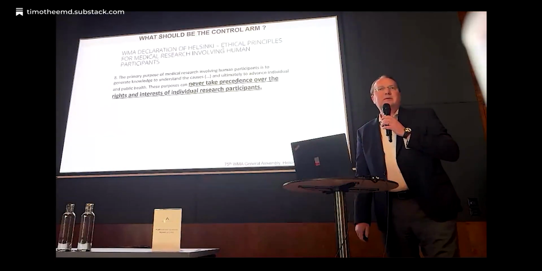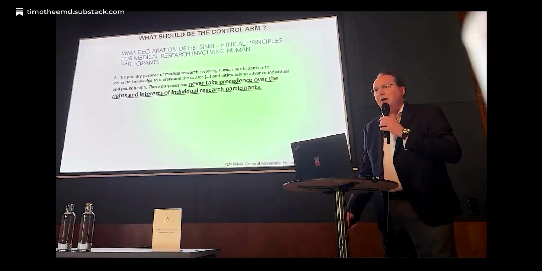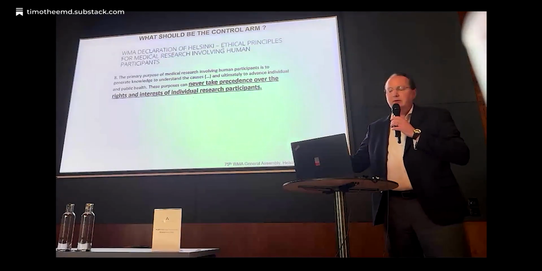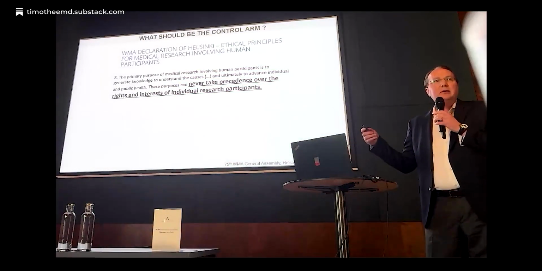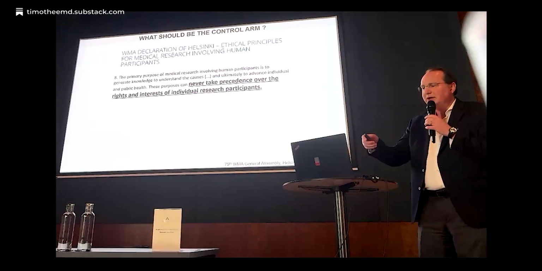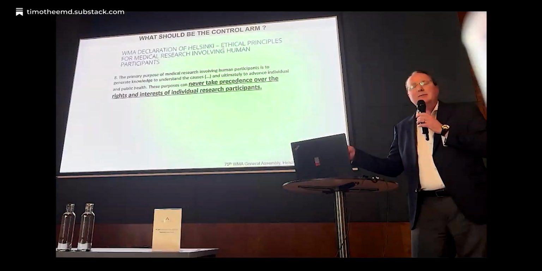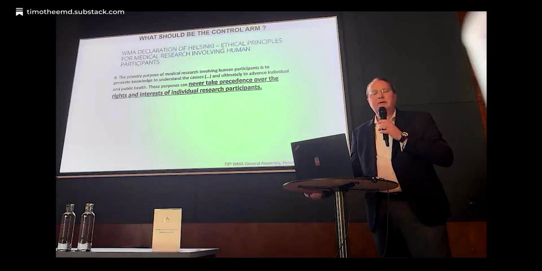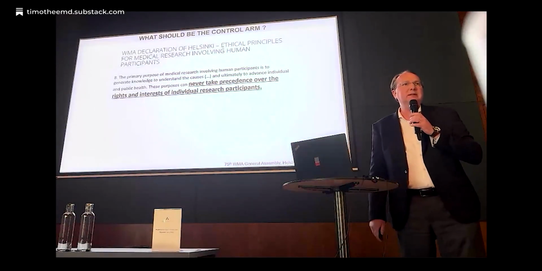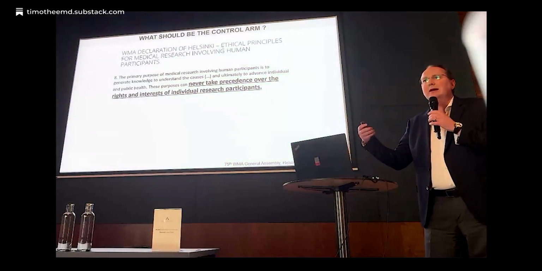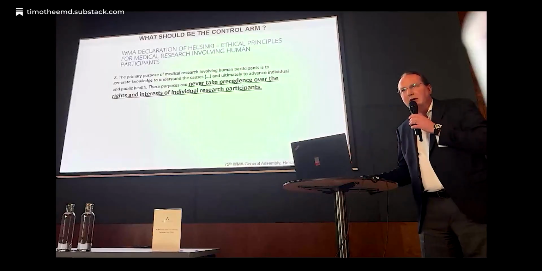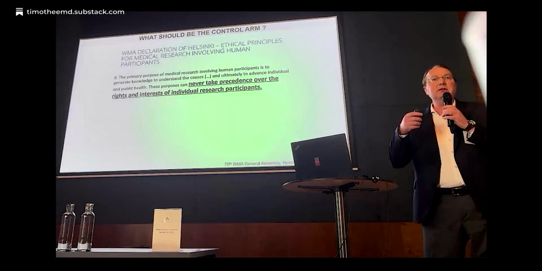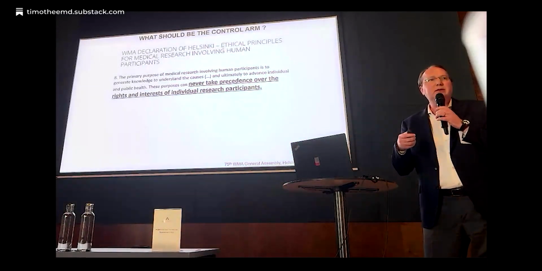We have some guidance from the Helsinki Declaration. This was updated a bit more than 1 year ago. As you can see, by enrolling a patient, the research should not take precedence over the rights and interests of individual research participants. In other words, if you are enrolling a patient in your trial, and by being in the control arm the patient is receiving suboptimal care, the trial is not optimal.